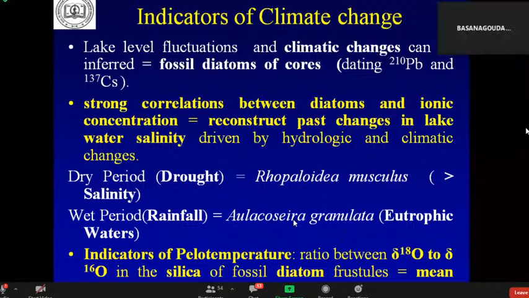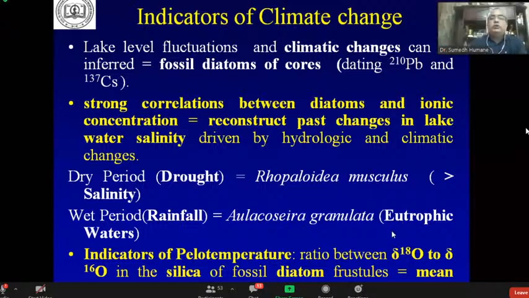It is most commonly found in eutrophic water bodies. Sometimes it is there in mesotrophic water bodies as well, but mostly it is found in eutrophic water bodies. You can use these diatoms for stable isotope studies, oxygen isotope studies, to understand the variation in the paleo temperature of the water.